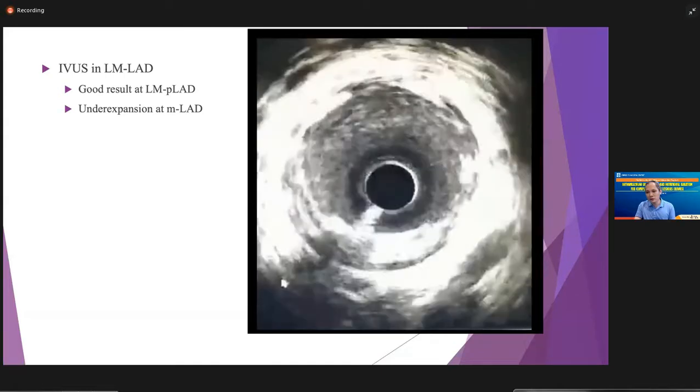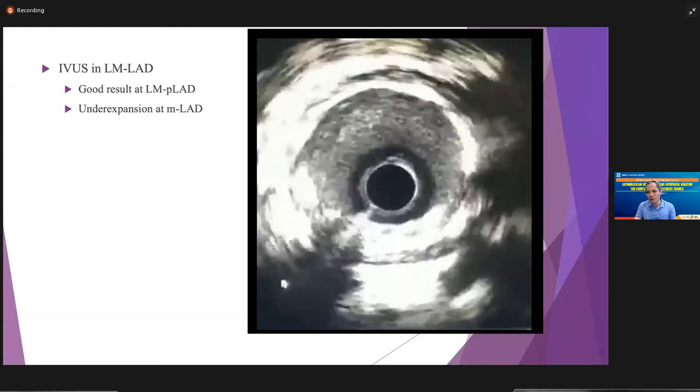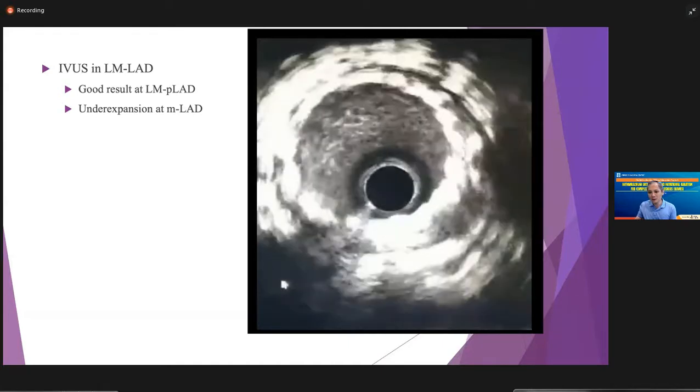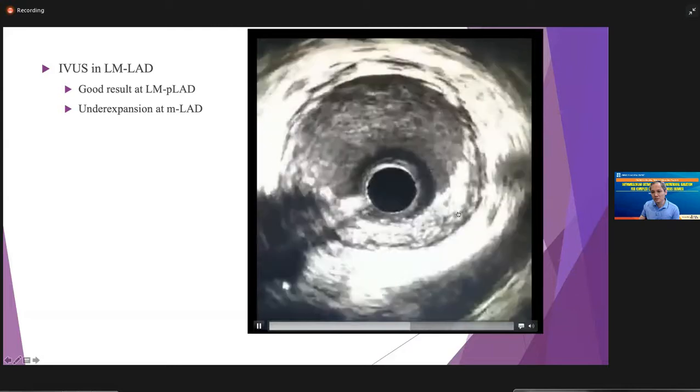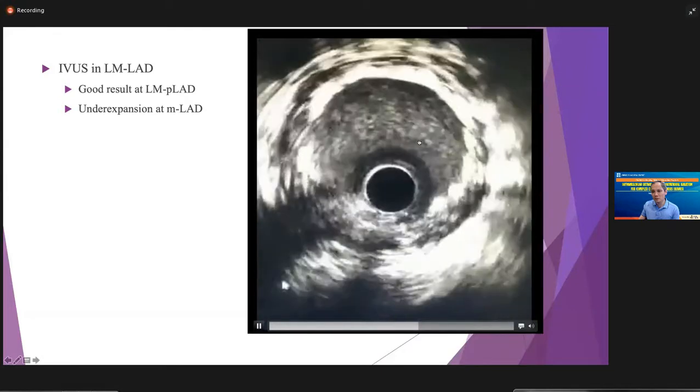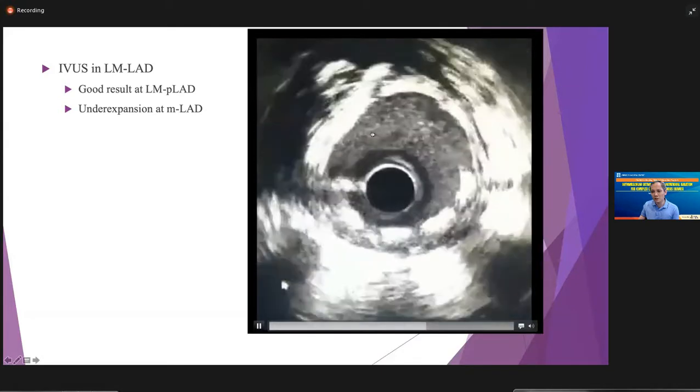This is the stent 3.5 and proximal and ostium LAD.